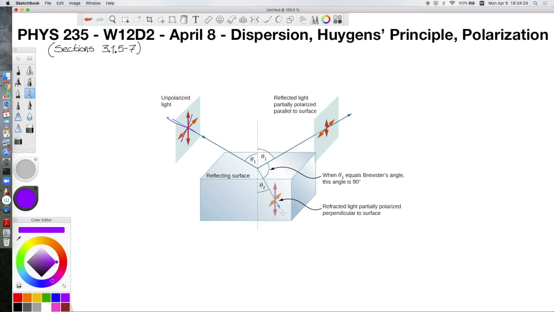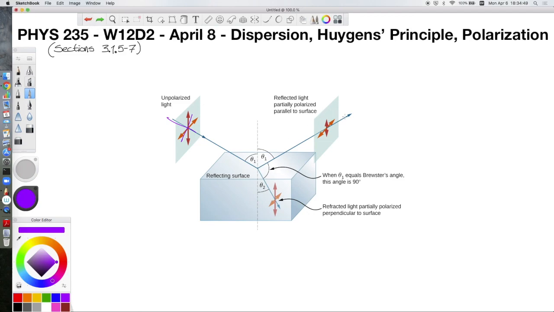With the light that is reflected from a surface, in this case, the vertical components of the electric field, the part that is perpendicular to the surface it reflected off of, are going to be diminished. So light, after it reflects off of a surface, mostly has a polarization that is parallel to the surface.